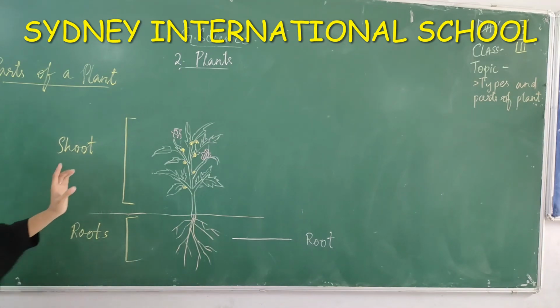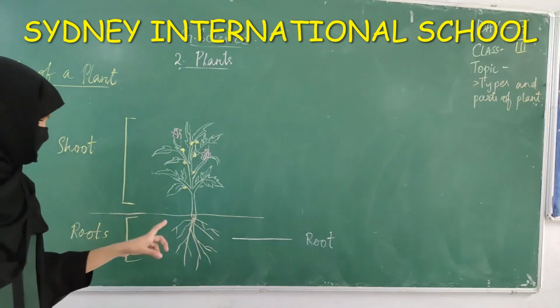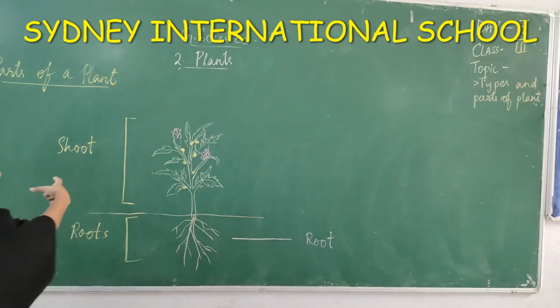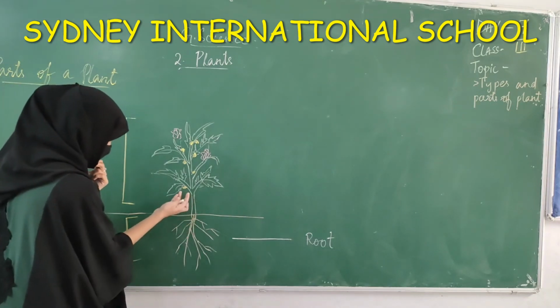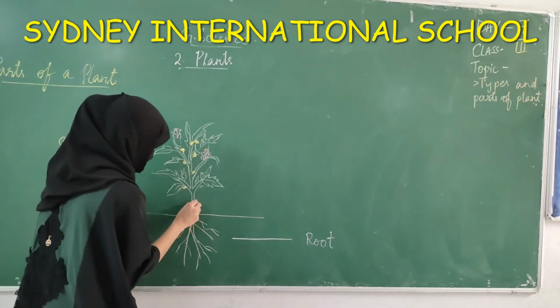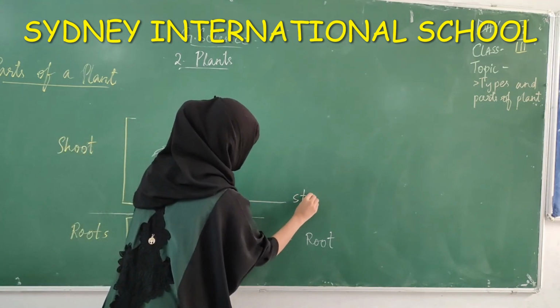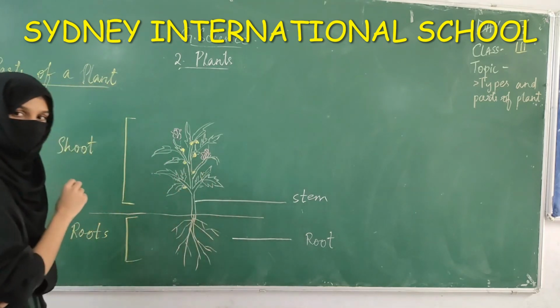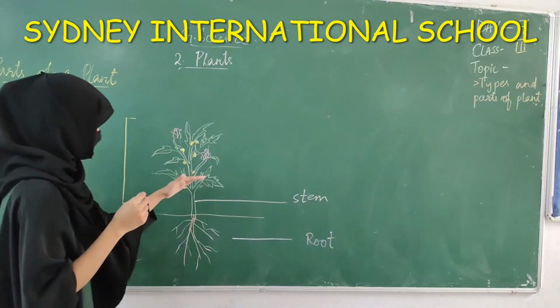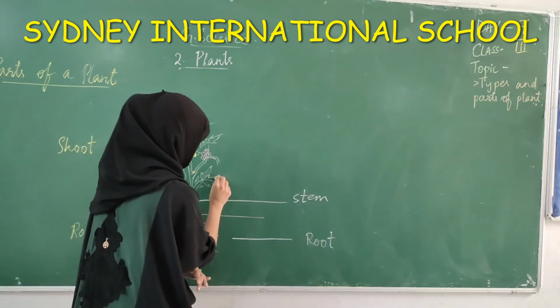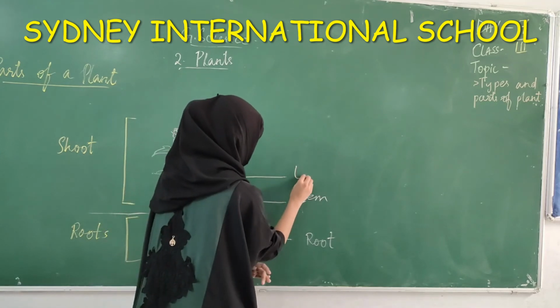In the root system, we have only one part, that is root. Now, in the shoot system, just after the root, we have stems. Okay. Next, going a little bit further, we have a very important part, leaf.